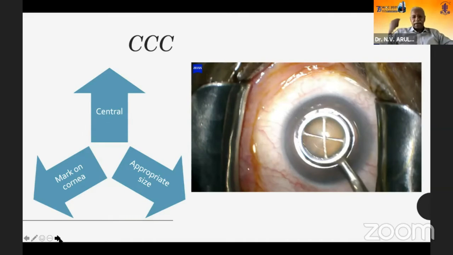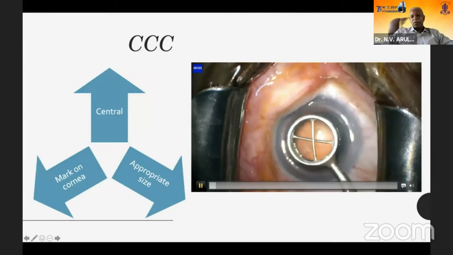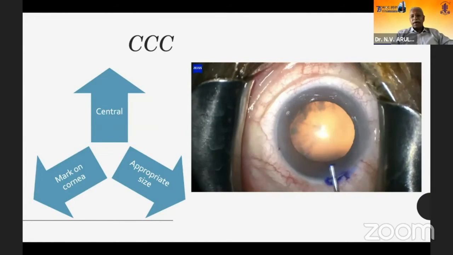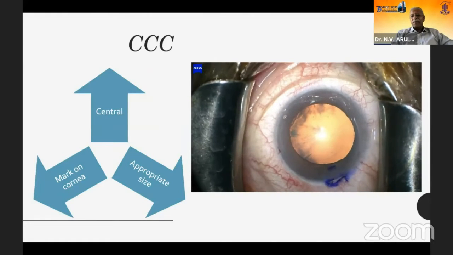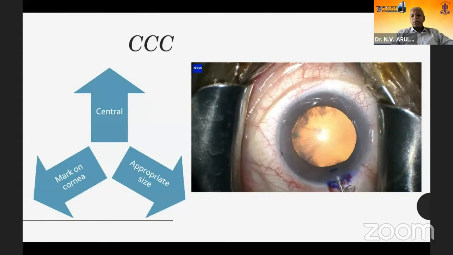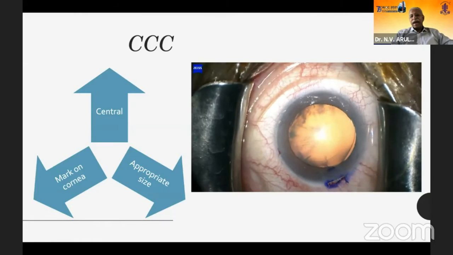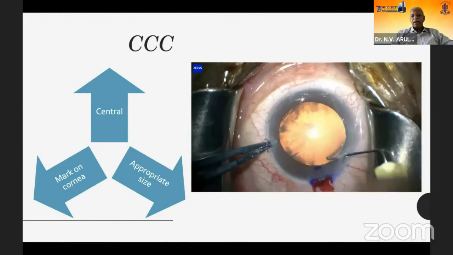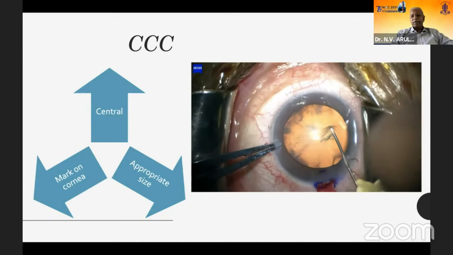Now you need a well-centered, perfect capsulorhexis. It can be done manually by, again, taking a marker of around 5 or 5.5 and using the Purkinje image on the cornea as a mark, making a mark on the cornea. With that, you can use that template as the marker to make a perfectly centered 5 to 5.25 millimeter CCC.